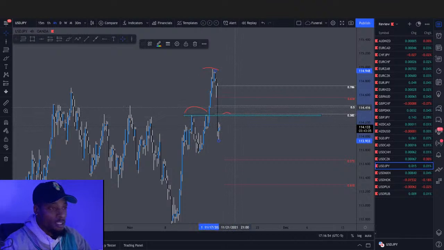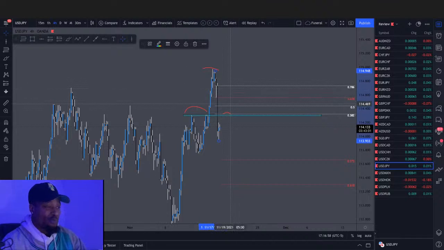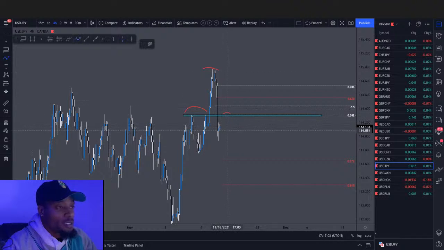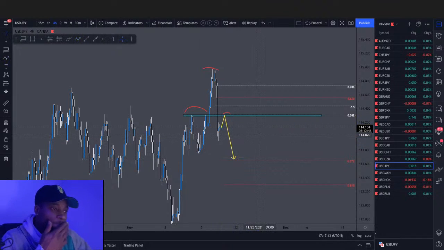Why can't the market just use the first level? Why I gotta use the 618? It don't. So you can see it nice and easy peasy. Move down. Oops, my bad. A nice and easy move down to the downside. Something like that, maybe.